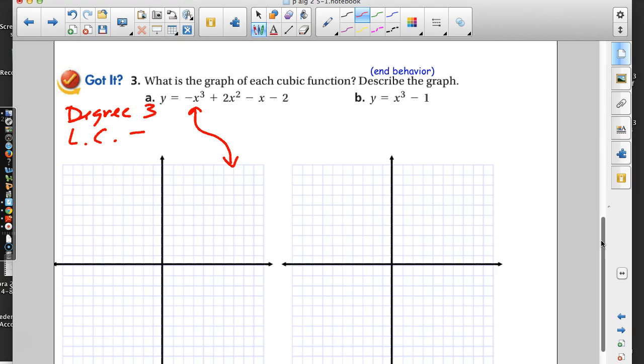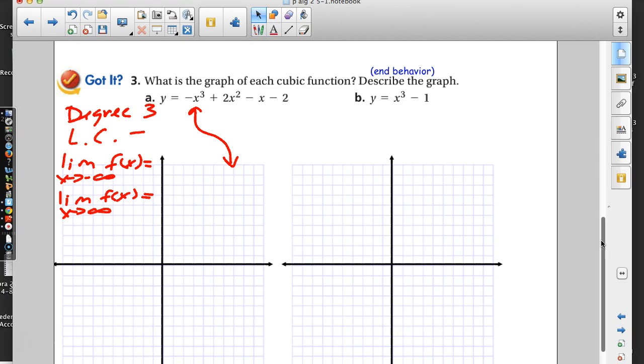So we can do the end behavior already. Limit as x approaches negative infinity, f of x goes somewhere. Limit x approaches infinity, f of x somewhere. And our job is the somewhere. It's either positive infinity or negative infinity. And like I said before, just put yourself a big dot smack dab in the middle.